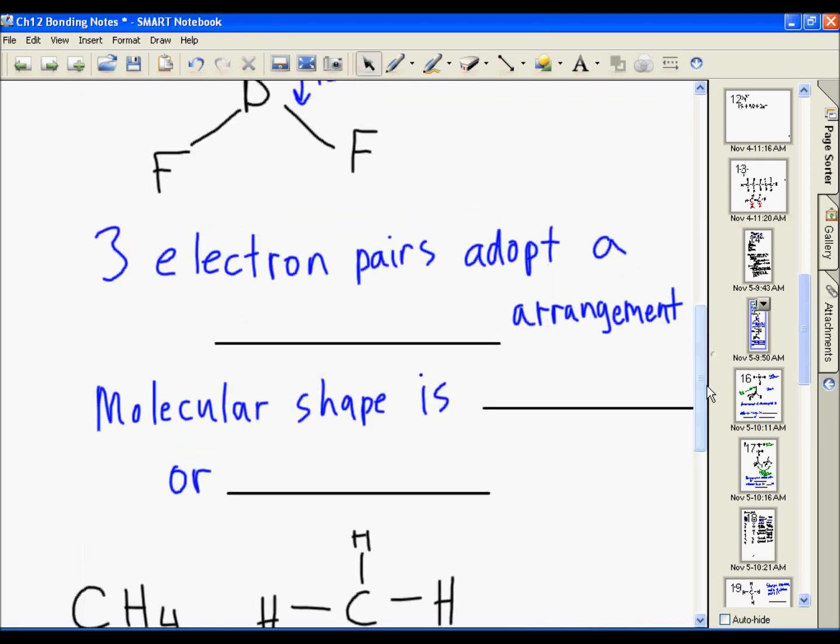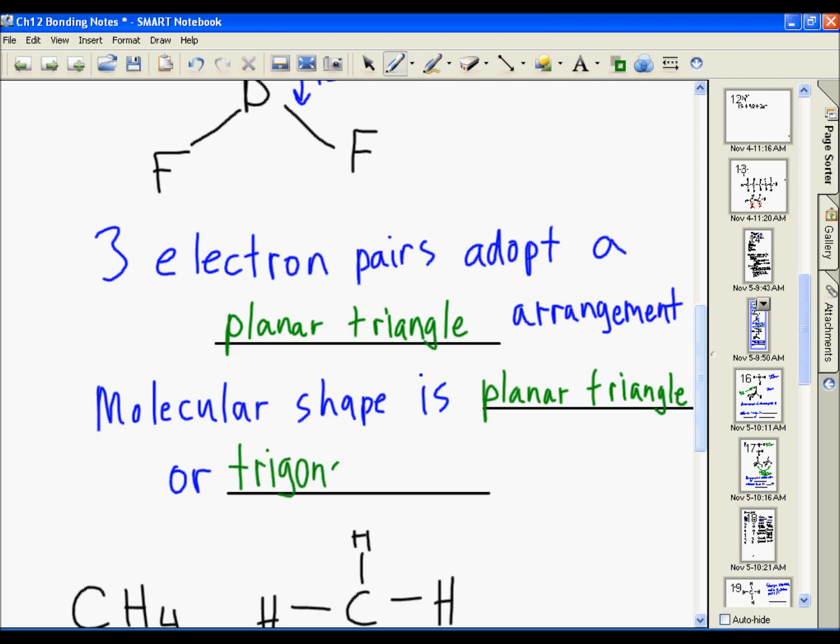So 3 electron pairs adopt a planar triangle arrangement, and we call the molecular shape a planar triangle or a trigonal planar, and either name works. Either name is okay.